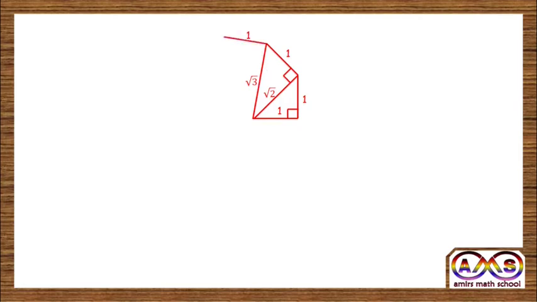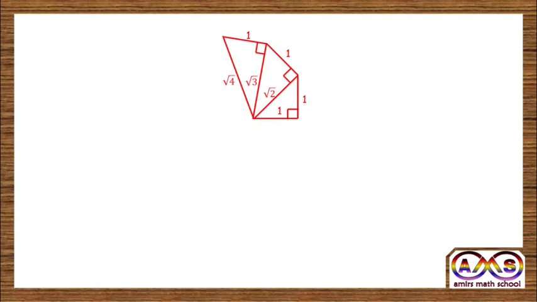In this way, every time we consider the hypotenuse and the side perpendicular to that hypotenuse of length 1, we get the square root of another integer as the new hypotenuse. If we consider this square root of 3 as one side of a new right angle triangle and the other side perpendicular to it is 1, then the new hypotenuse will be square root of 4.